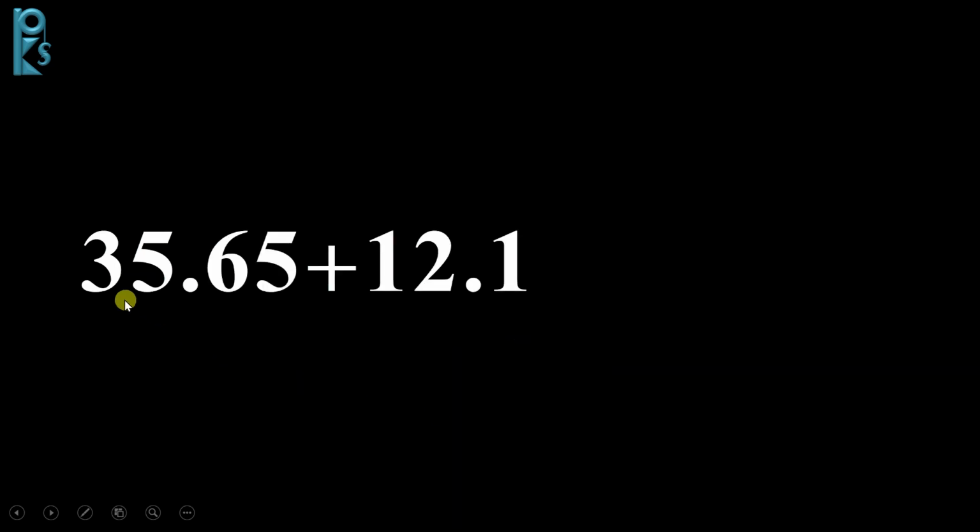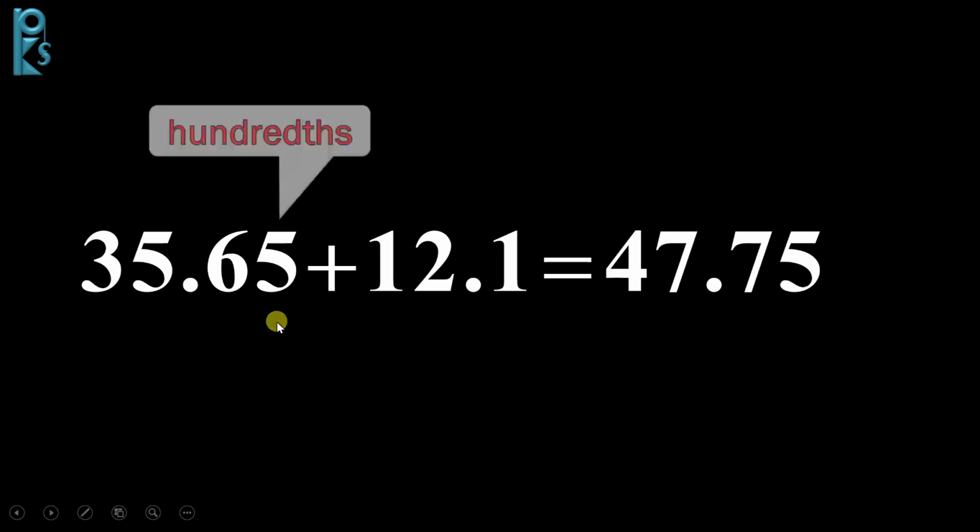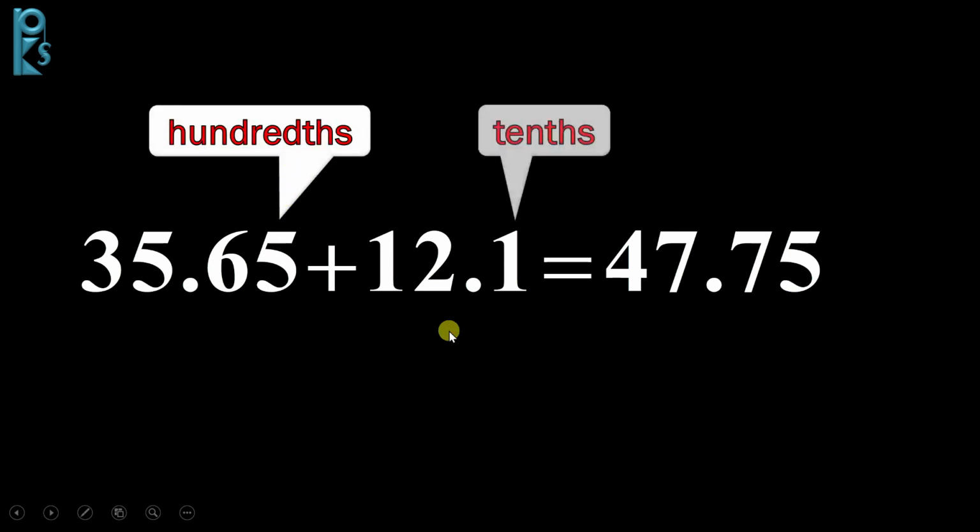Suppose that I have 35.65 added by 12.1. Mathematically, the answer is 47.75. But pay attention. For the first term, the last right digit is in the number place of hundredths. The second one has the last right digit in the number place of tenths.